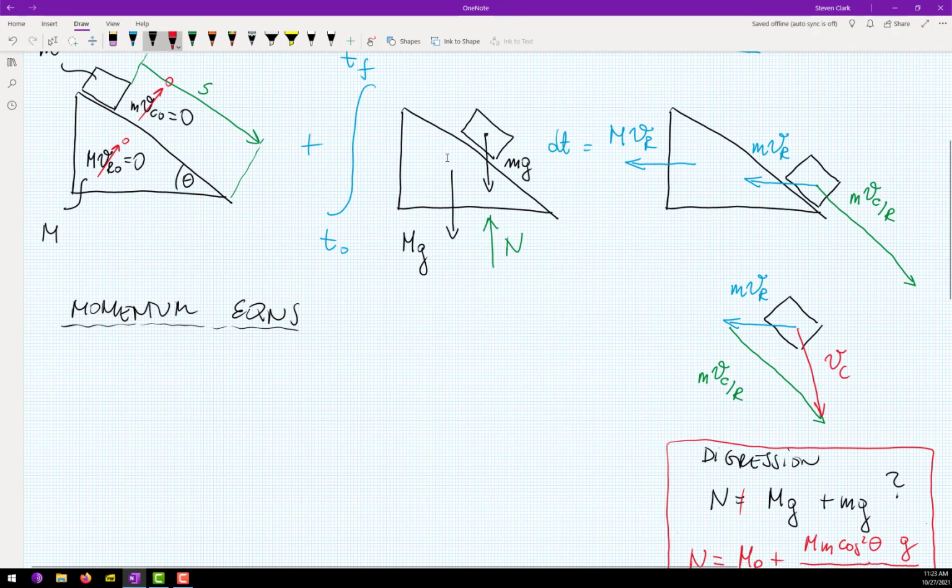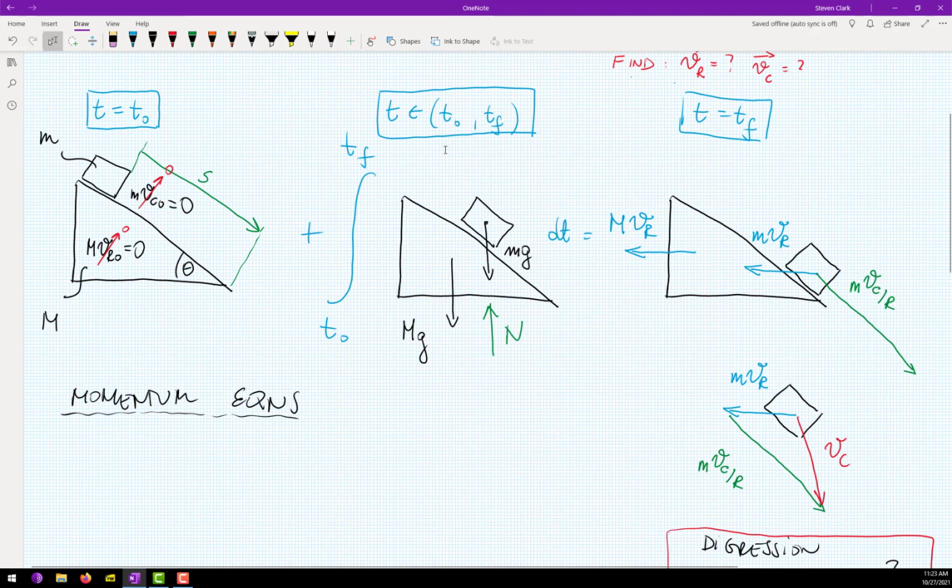So let's write our momentum equations. Question to you: is there any force acting in the horizontal direction? Look at that free system diagram. Do we have any forces acting in this direction, the horizontal one? No. What does it mean? That momentum is preserved in the x direction. There are no forces acting in the x direction, so we have momentum preserved. Let's write it down.